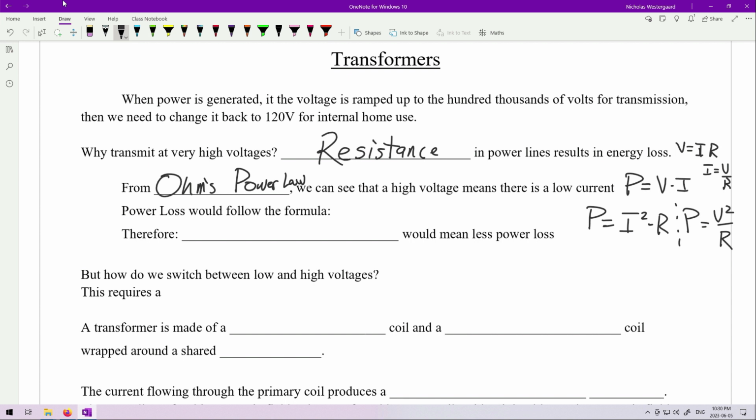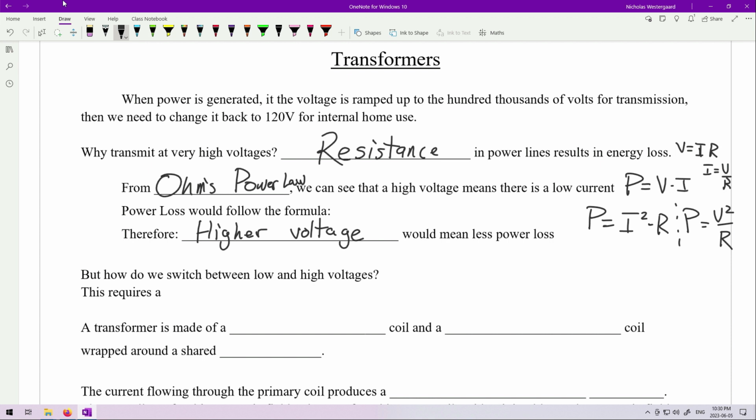So you divide by the resistance of your system to determine how much power loss you have. So really it means that transmitting at the highest voltage that you can would result in the least amount of power loss. And when we're producing and transporting energy, obviously the less loss that we have, the better.